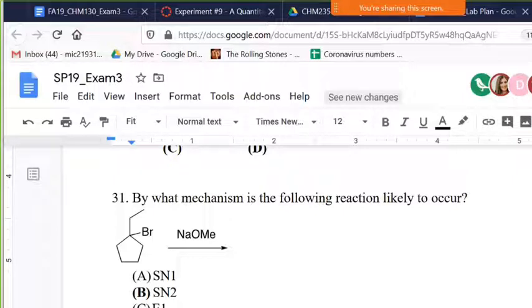SN1, because the leaving group is on a tertiary substrate. Is that nucleophile a weak nucleophile?